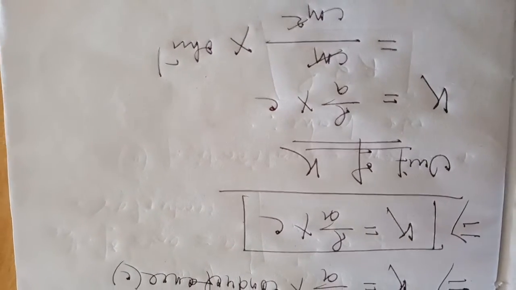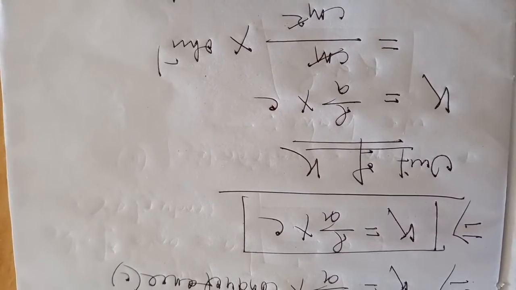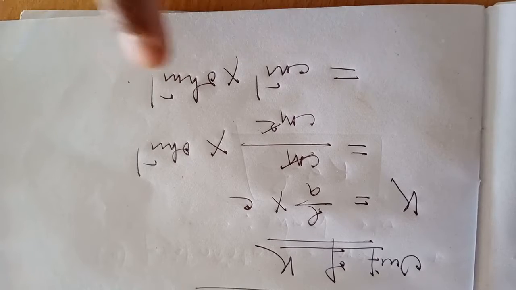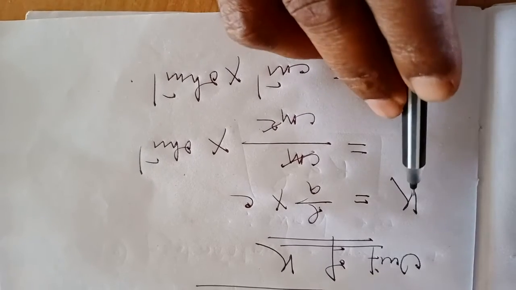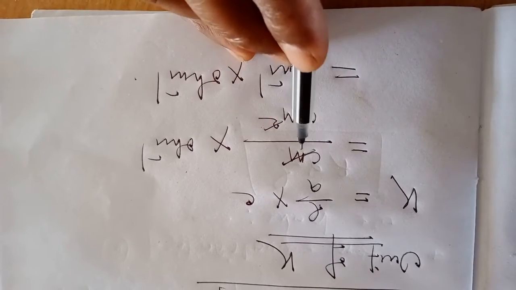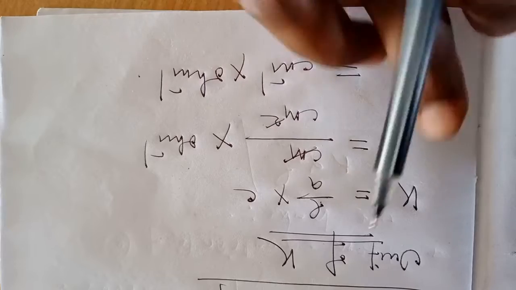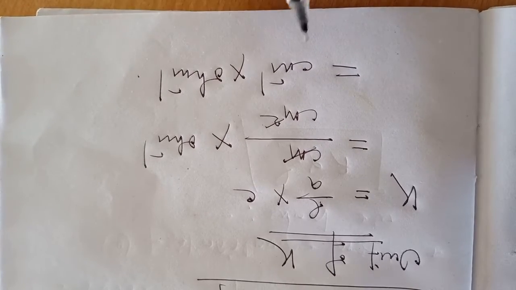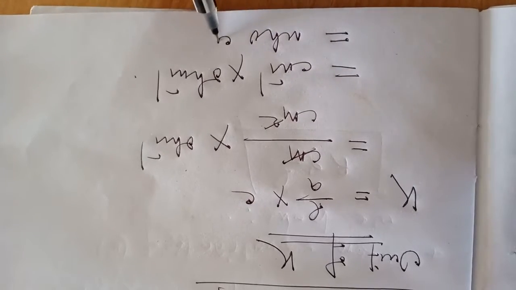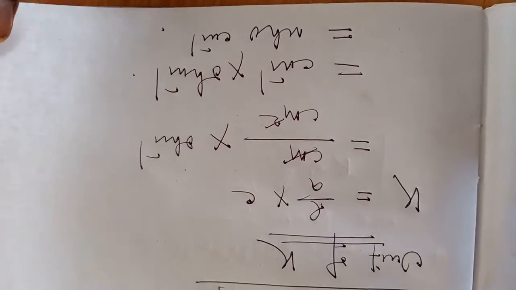That implies cm inverse into ohm inverse. This is the unit of the specific conductance. We may also write it as mho cm inverse.